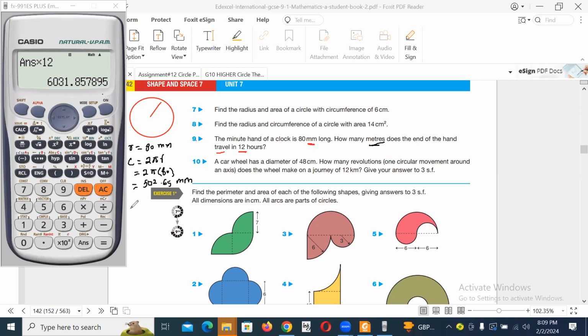For 1 hour it is 502.65, and for 12 hours it would be 502.65 multiplied by 12, which is equal to 6031.86, but this is in millimeter.